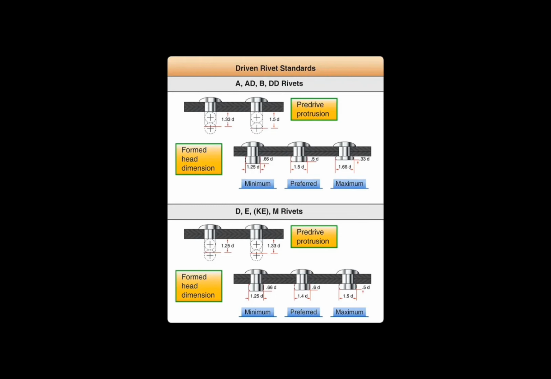What are the proper dimensions for the shop head of a rivet? Shop head is the squish part, 1.5 times the diameter in width, and 0.5 times the diameter in height after bucking.